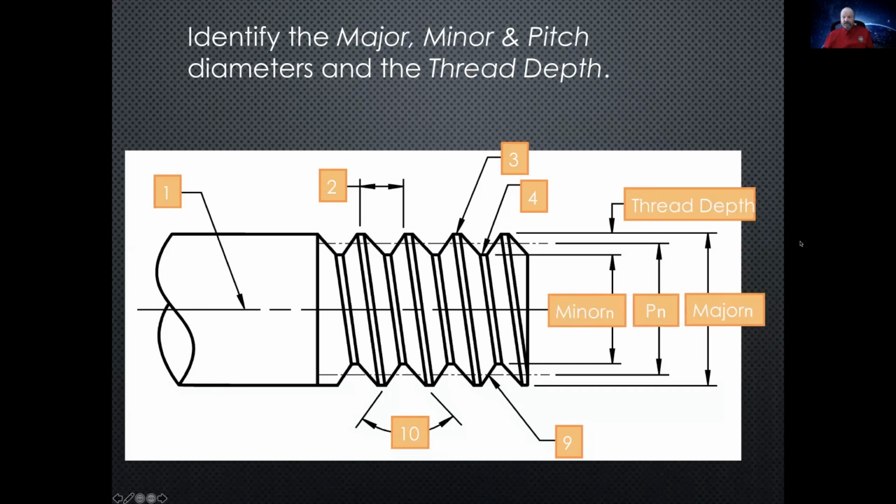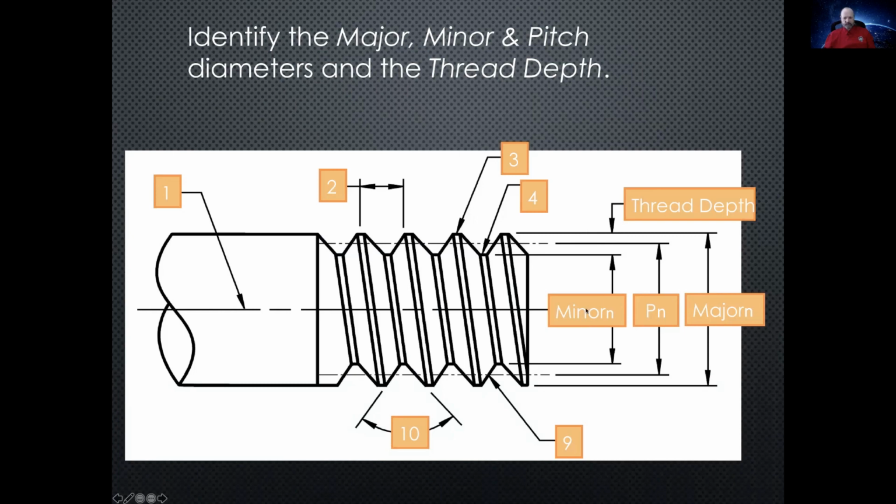So now you can see the thread depth is from the crest to the bottom of the thread. It's that distance here. So look at where these arrows are lined up. Okay, so that's thread depth. And then the major diameter is the one from the crest to the other crest on the opposite side. That makes sense.